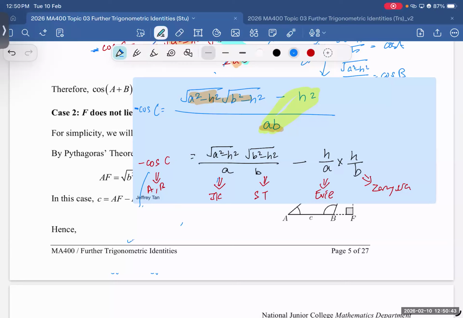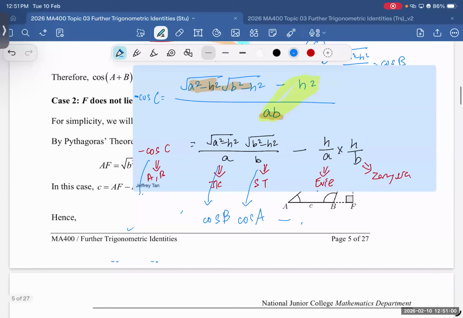Junkai, what's your answer? Evie, what's your answer? Sine A? Zarissa? Sine A?